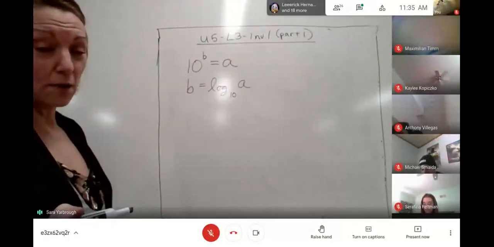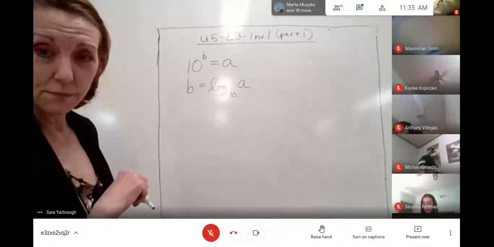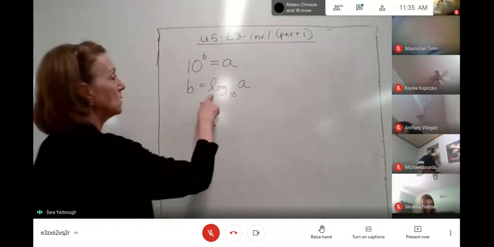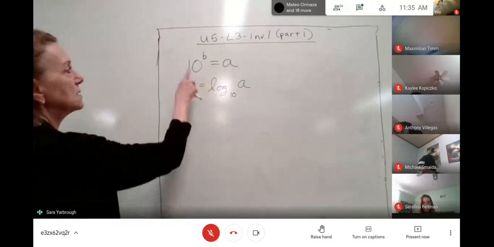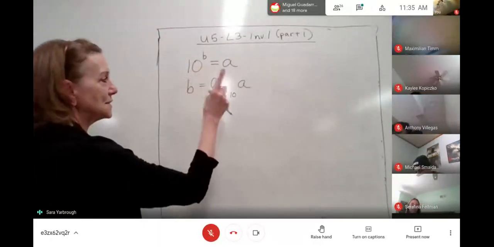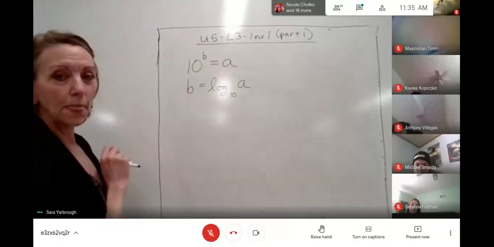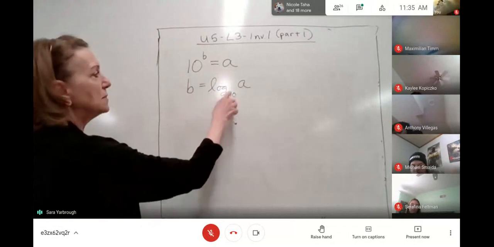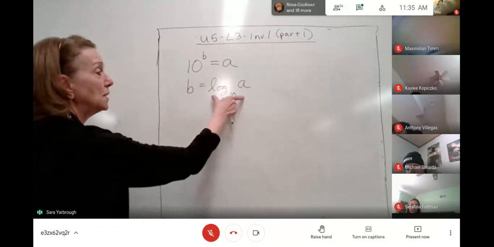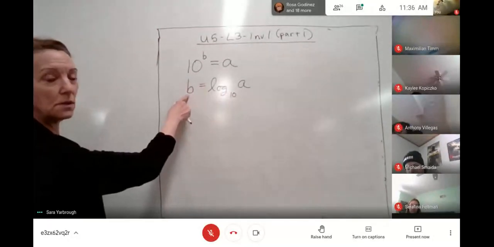And you can look on your calculator. You have a log button. Look on the left, log. So find that on your calculator. Notice this. The base on the exponent is the same as the base. This is the base of your log. And this is read, the base 10 log of A. What you need to remember is that a logarithm is an exponent.